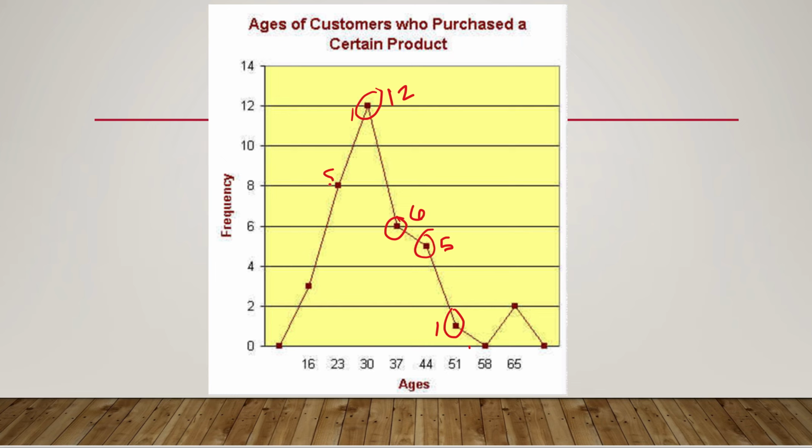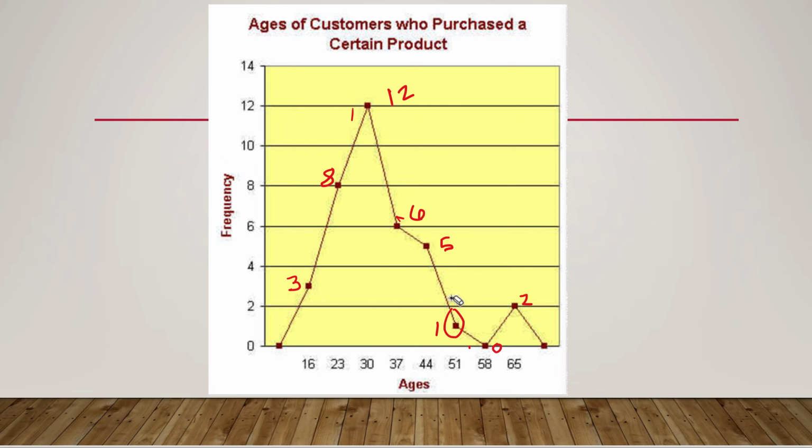So this is an 8. This is a 3. This is 0, so it's not going to really impact things much. We have a 2. And remember again, the first dot and the last dot don't count because they don't correspond to ages.